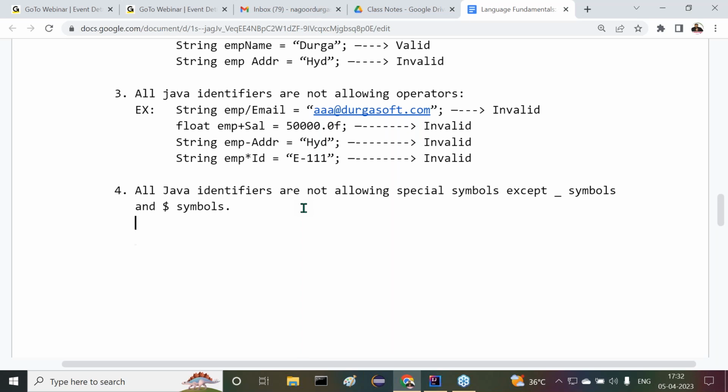Right. So now let's see some examples on the basis of this. You are able to understand it now. For example, int emp.no = 111. Next, String emp_name = Durga. After that, String emp-addr = Hyderabad.